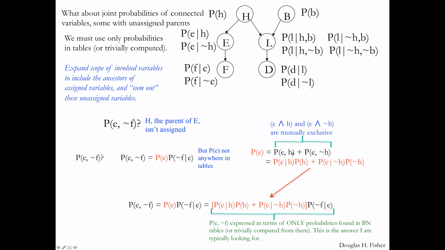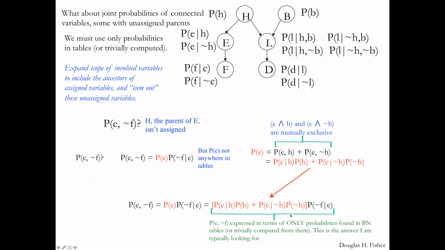And again, I can rewrite these two easily because they involve a variable and its parent, and the parent has no ancestors. I can rewrite each of those as a product of probabilities that are found in the probability table. So I can plug that in, and the probability of E given not H is going to be this expression.